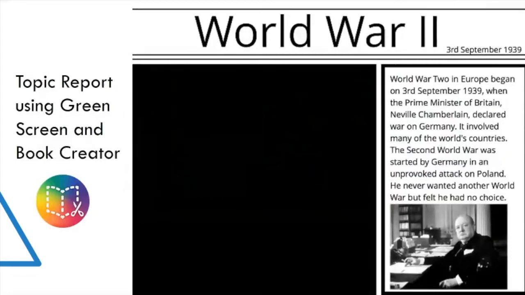So this one here was again the end of a topic that was World War II in a primary classroom. The learner in this one, she created an ebook using Book Creator. But one page in her ebook was a bit like the talking newspapers that you see if you watch the Harry Potter movies, where the newspapers come to life.